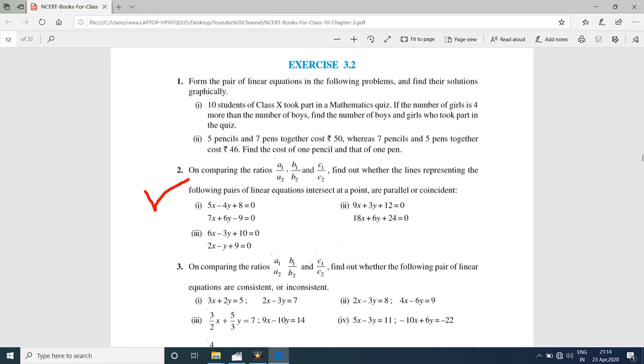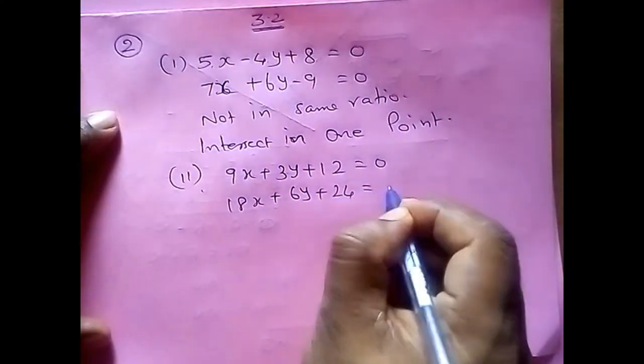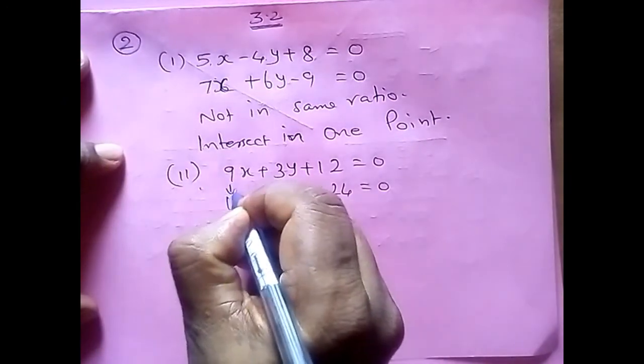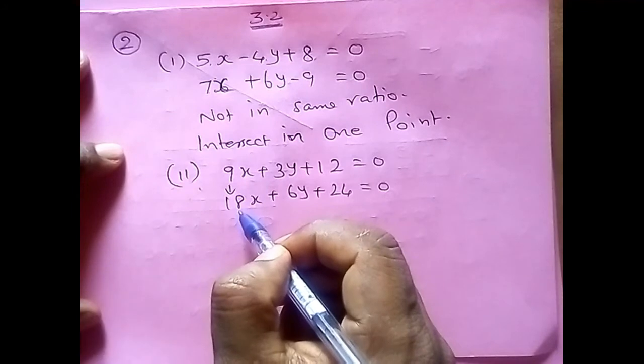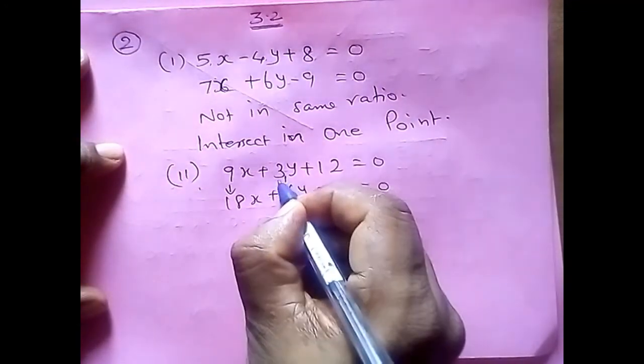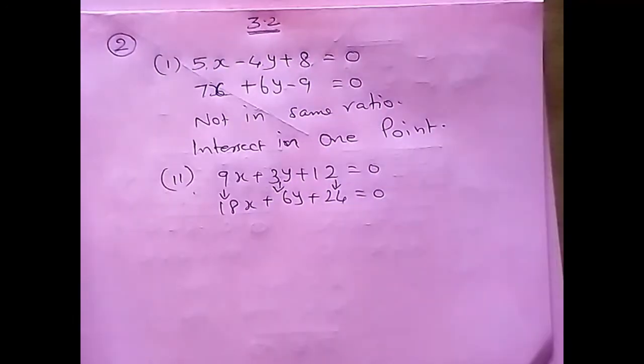Second question, 9x plus 3y plus 12 equal to 0 and 18x plus 6y plus 24 equal to 0. Here we can see that if you multiply 9 by 2 we get 18, and if you multiply 3 by 2 we get 6, and if you multiply the constant term also you get the constant term.